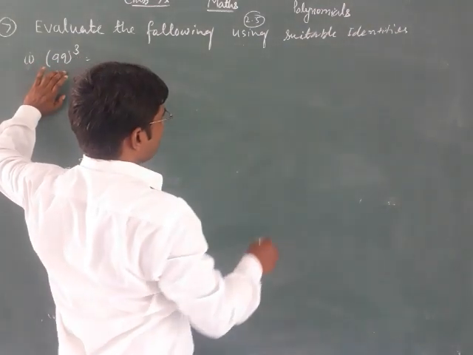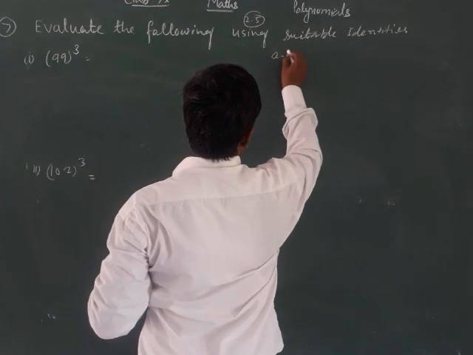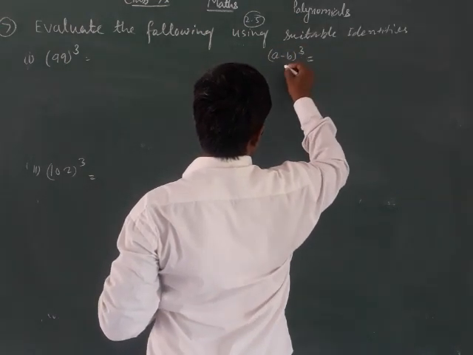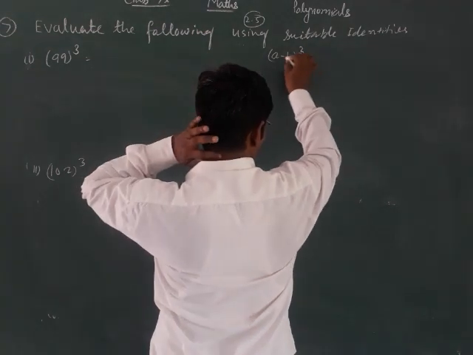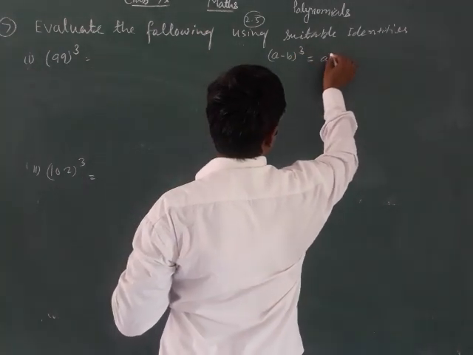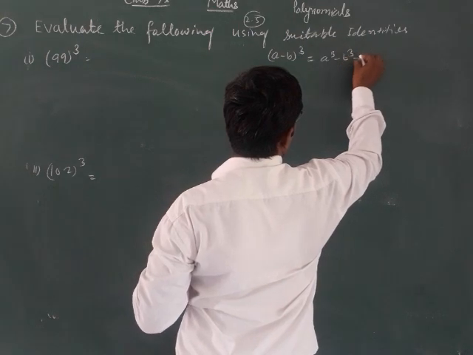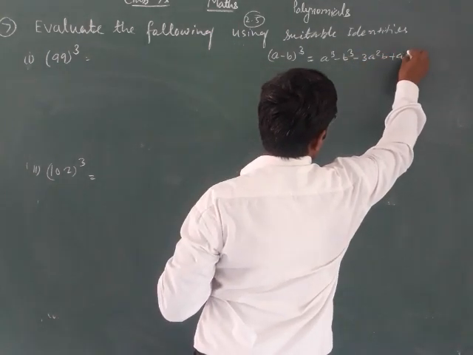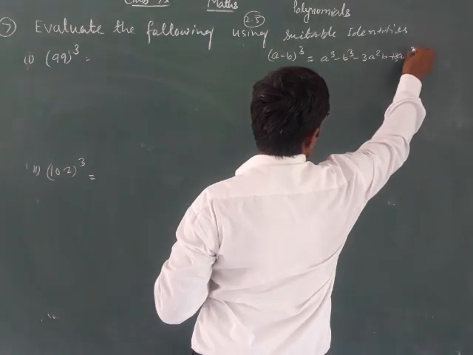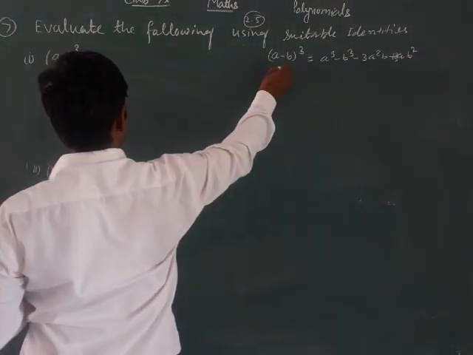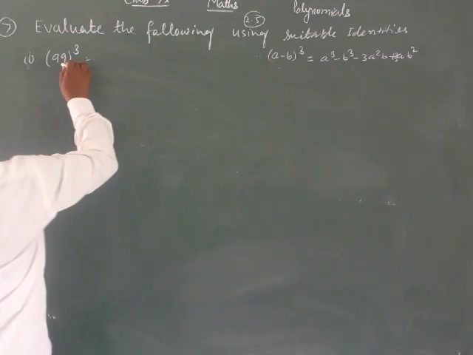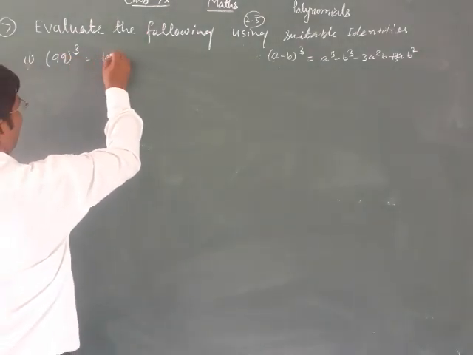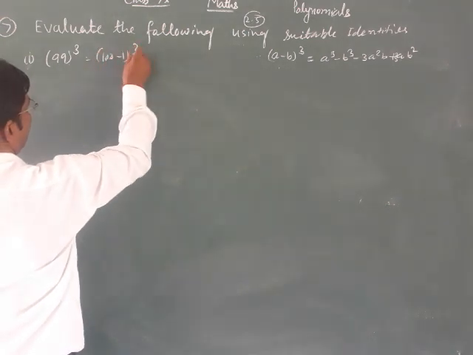So use the identity (a minus b) whole cube, which is a cube minus b cube minus 3a square b plus 3ab square. Now use this identity here. Change it into the simplest form: (100 minus 1) whole cube.